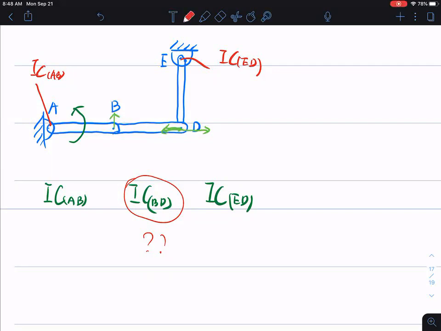From there, you can start to draw the perpendicular lines. First one to B, perpendicular line. Another one for D. Where's the intersection? In order to find the intersection, we have to extend this line, right? Okay, this is the intersection between these two lines. So right here at point D, it's actually the instant center for BD.